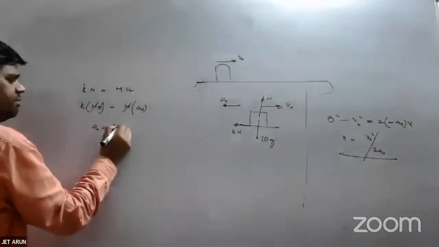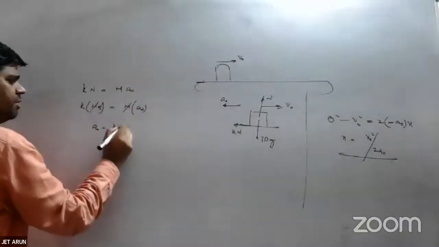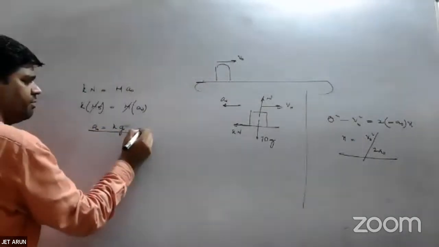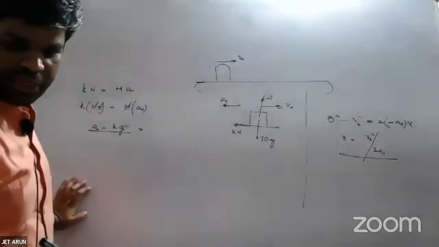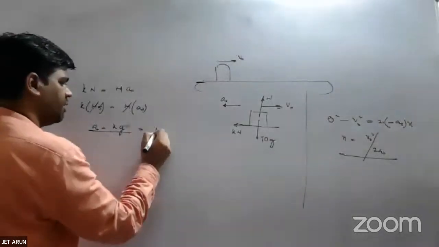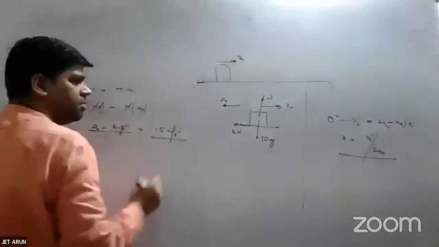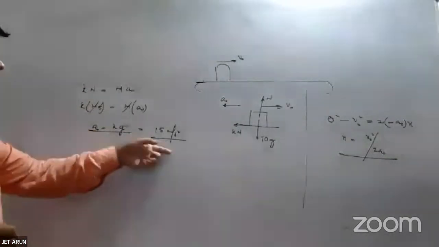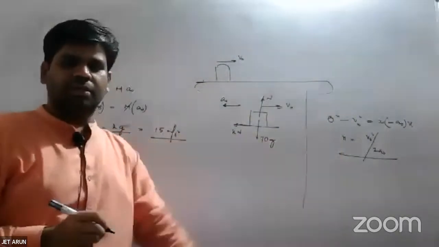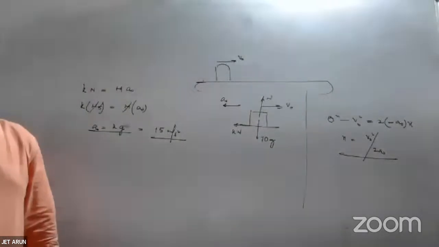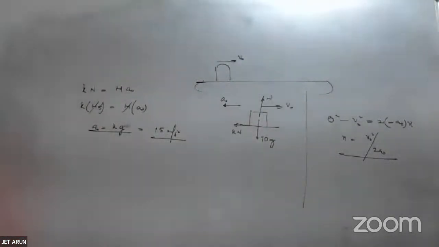So acceleration is mu times g, where mu is 0.15 and g is 10. So I'll have acceleration as 1.5 meter per second square. I'll plug this acceleration in there and get the distance it travels before it stops.